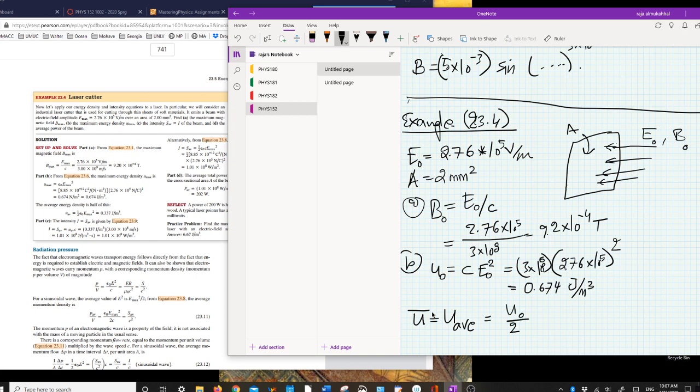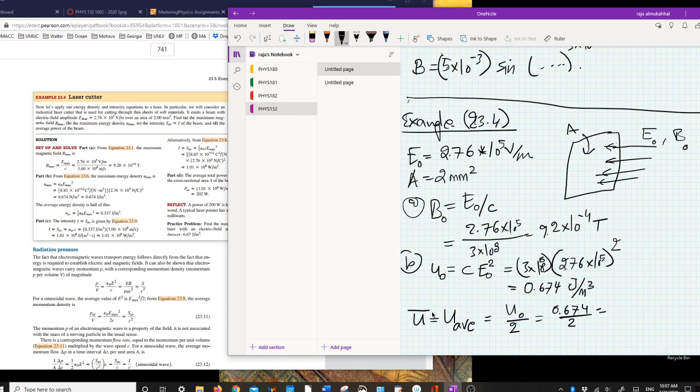So all you need is take this number and divide it by 2. And actually, this applies to anything. If you have a maximum value of something, what's the average? Divided by 2. Okay? You see what I'm saying? So you divide it by 2.